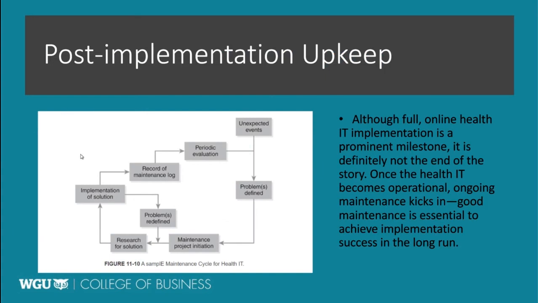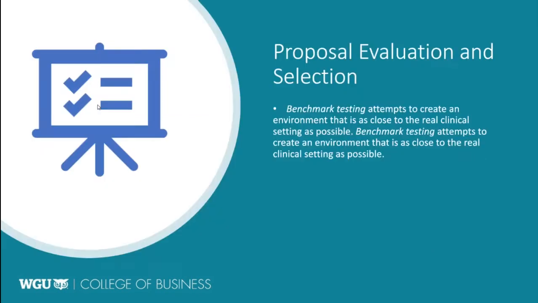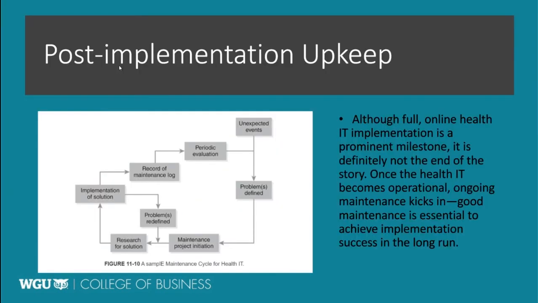Once you engage in pre-implementation, once you engage in the proposal evaluation and selection, it's implemented, then there's that continuous improvement piece, right? These are just examples of the steps that this could entail for any HIT program or any HIS, Health Information System.